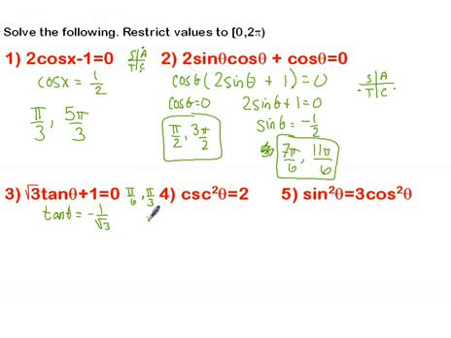And I think the easiest way to figure this out is take, at pi over 6, that ordered pair is root 3 over 2, 1/2. Tangent is y divided by x. So if I take 1/2 divided by root 3 over 2, or multiplied by the reciprocal, I'll get 1 over root 3.